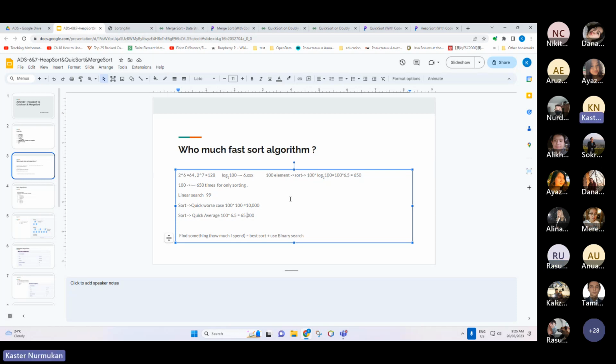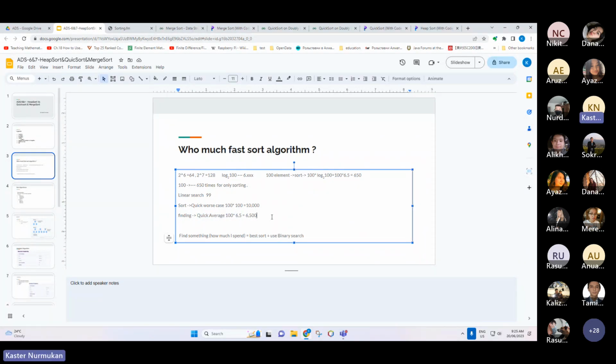It means it will be 6,050. Average case 6,050 for finding, not sort. Finding is n log n time, right? So the average case of n log n is 650.